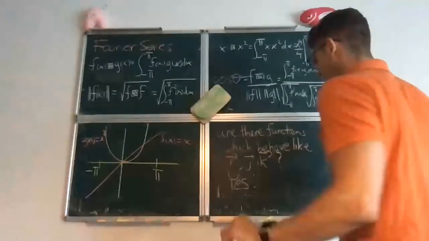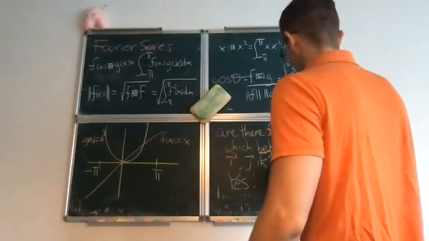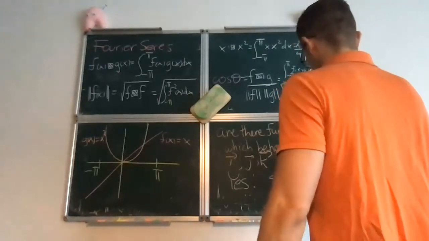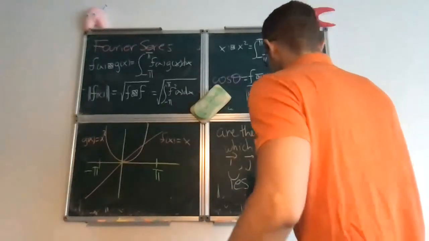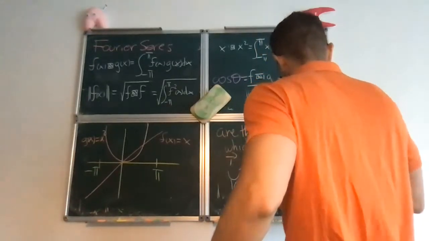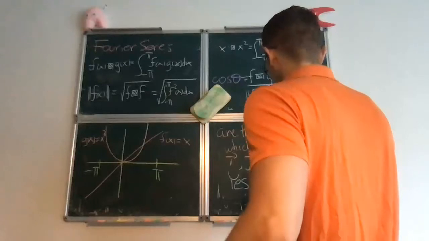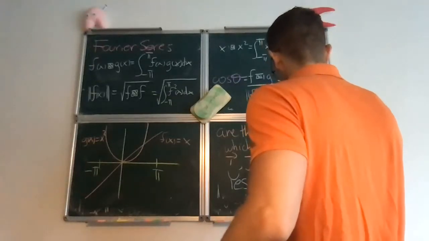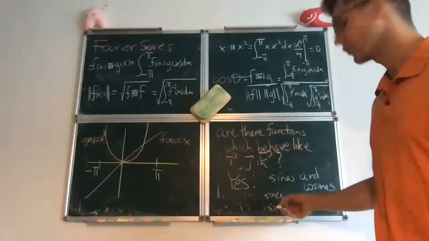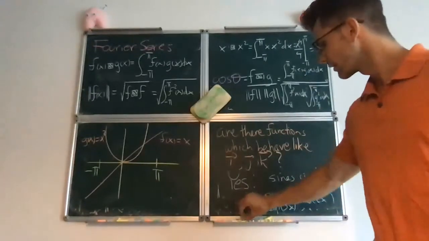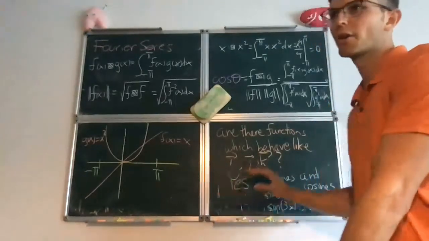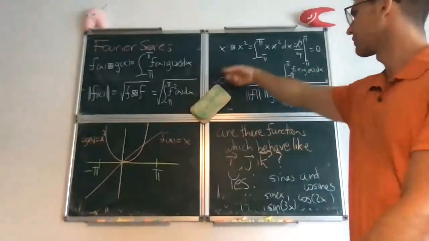You can check that sines and cosines, like sine of x, cosine of 2x, sine of 3x, etc., functions which are sines or cosines with different arguments inside the function, share many properties of i, j, and k, in the sense that they are orthogonal to each other under this definition.